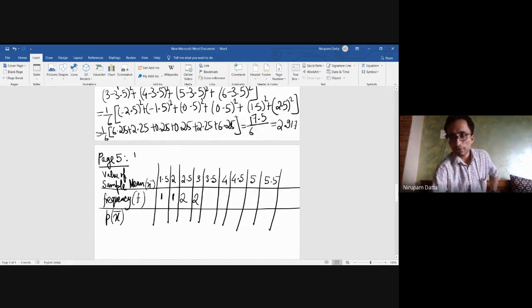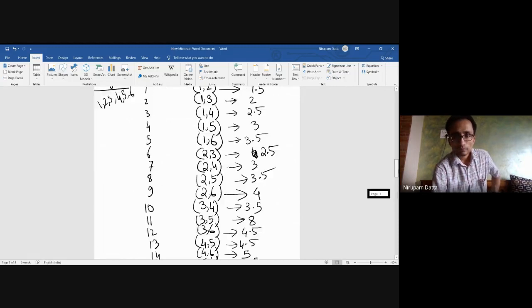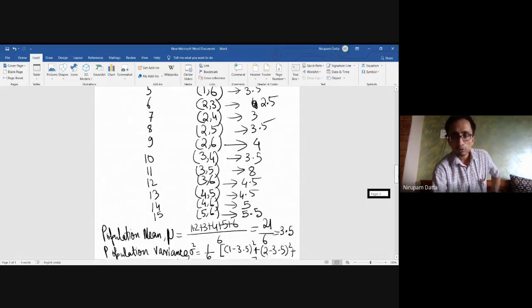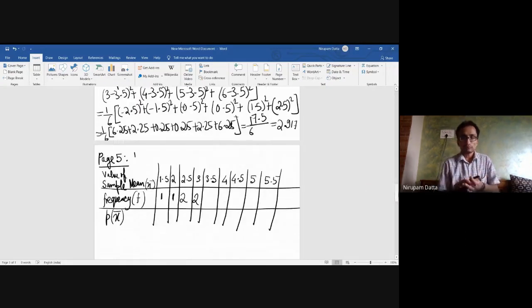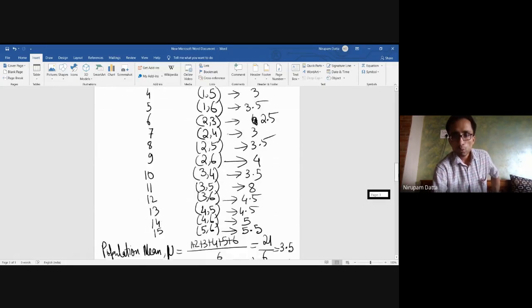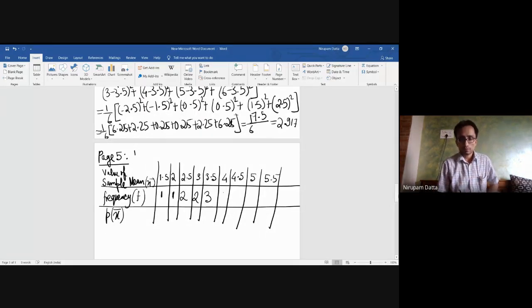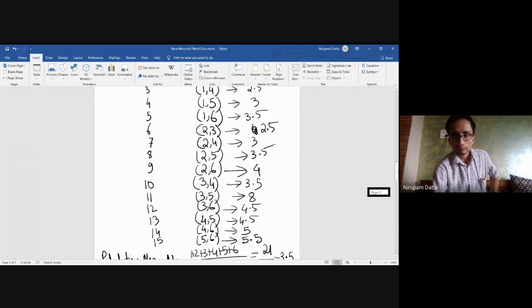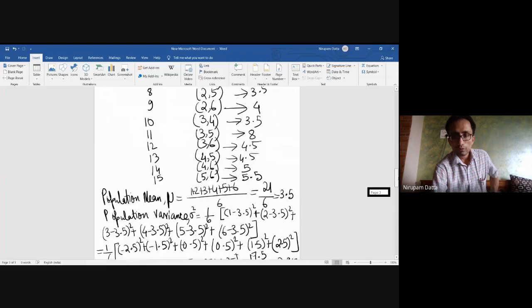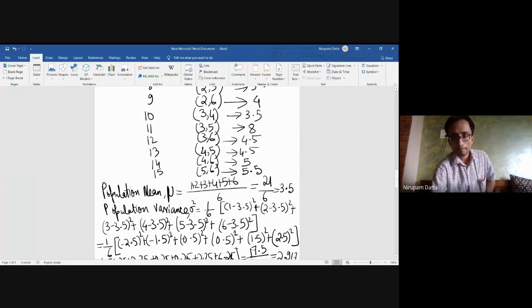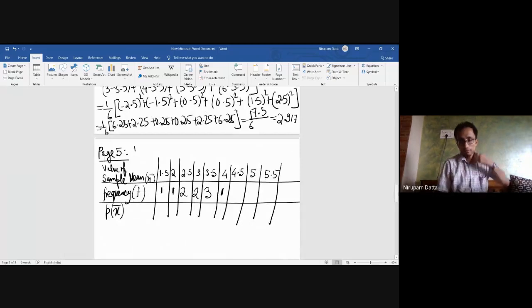How many times is 3.5 appearing? 1, 2, 3. Okay. How many times is 4 appearing? 4 is appearing only once. How many times is 4.5 appearing? 2 times.